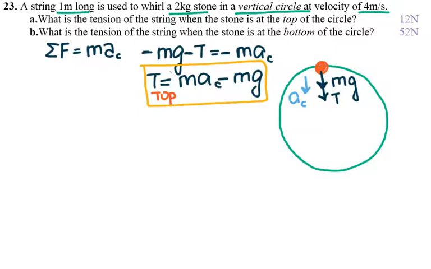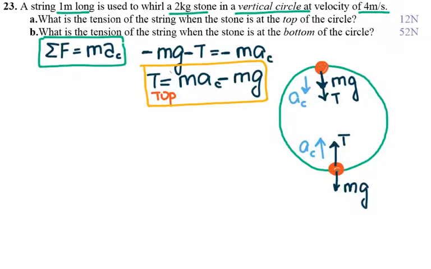Now, the tension on the bottom. If the rock is at the bottom, the forces acting on it are mg, the force of gravity, and the tension force. And we also have centripetal acceleration because it's moving in circular motion. Again, the sum of all the forces is equal to mac.